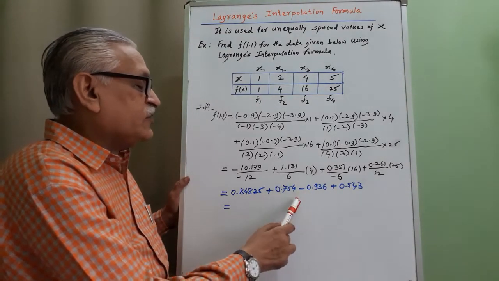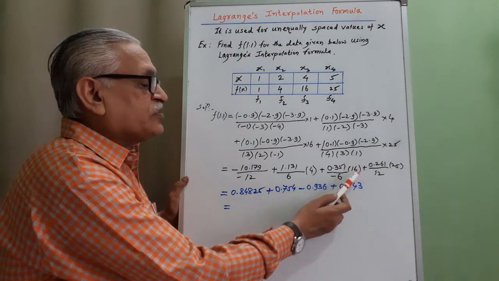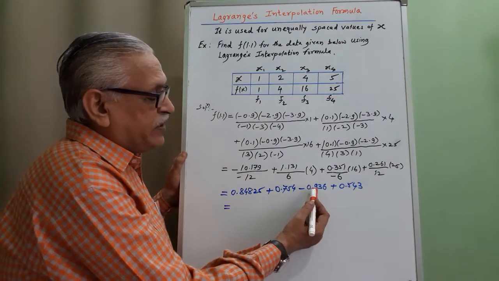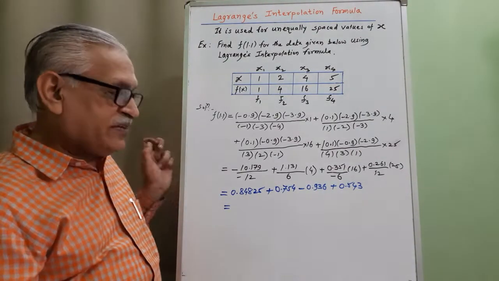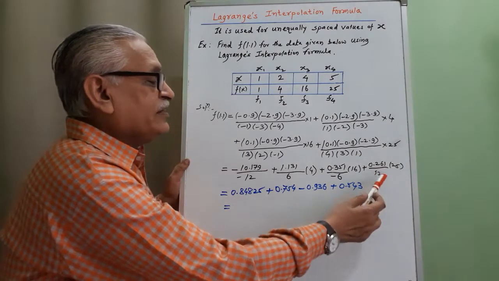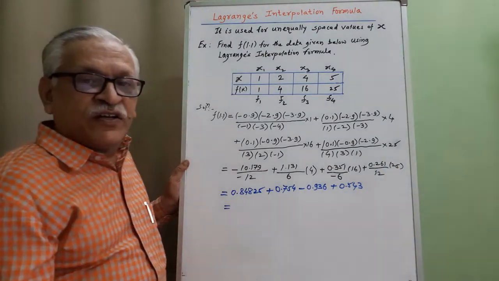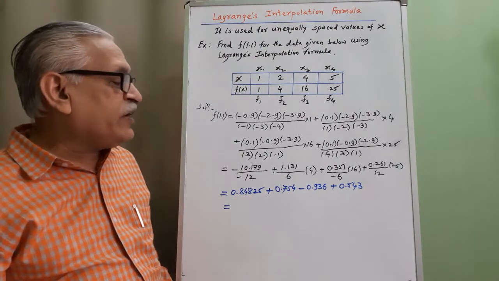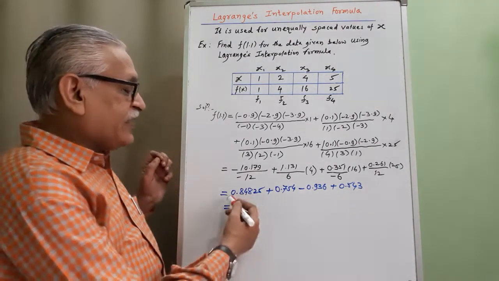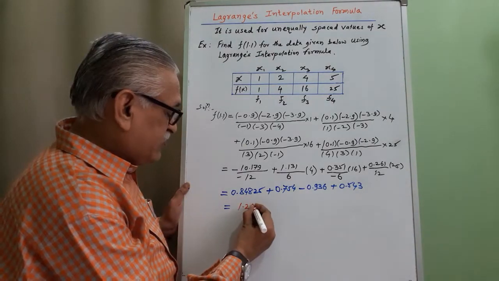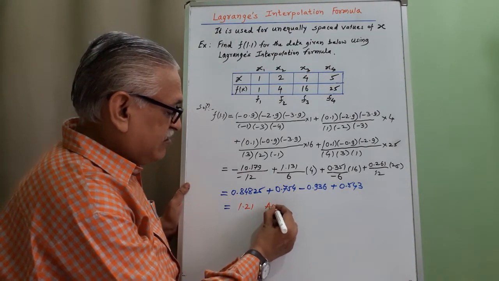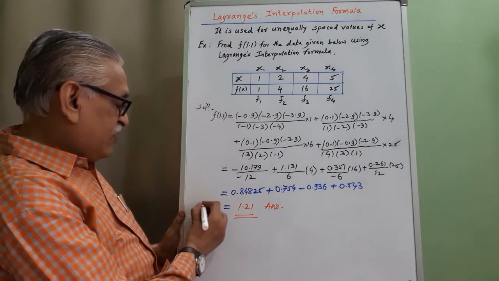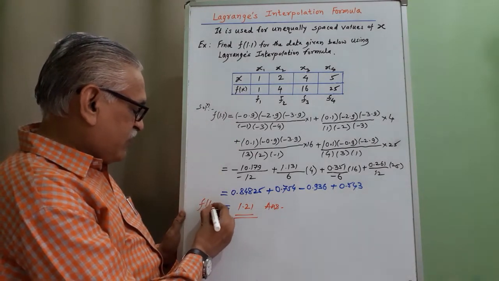Then this is with negative sign, 0.351 into 16 divided by 6, that value is 0.936 with minus sign, and then lastly 0.261 into 25 divided by 12, we are getting that value as 0.543. Then taking the addition, we get 1.21 as the answer, and this is the value of f at 1.1.